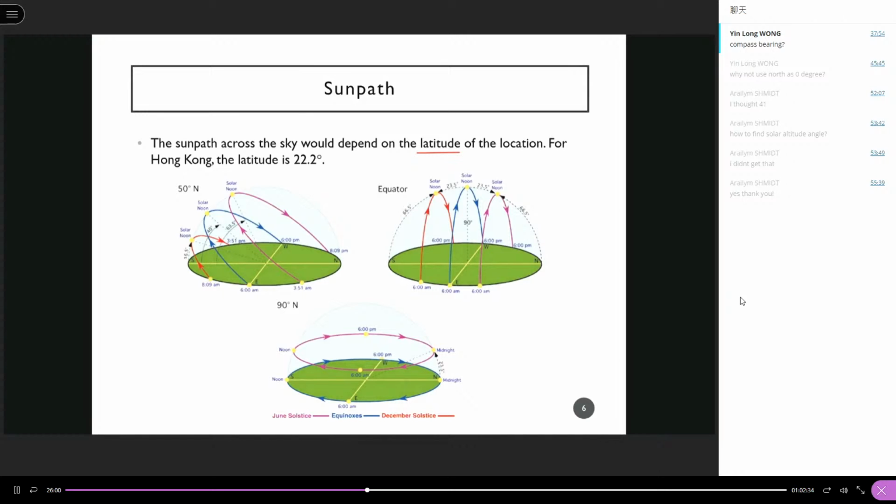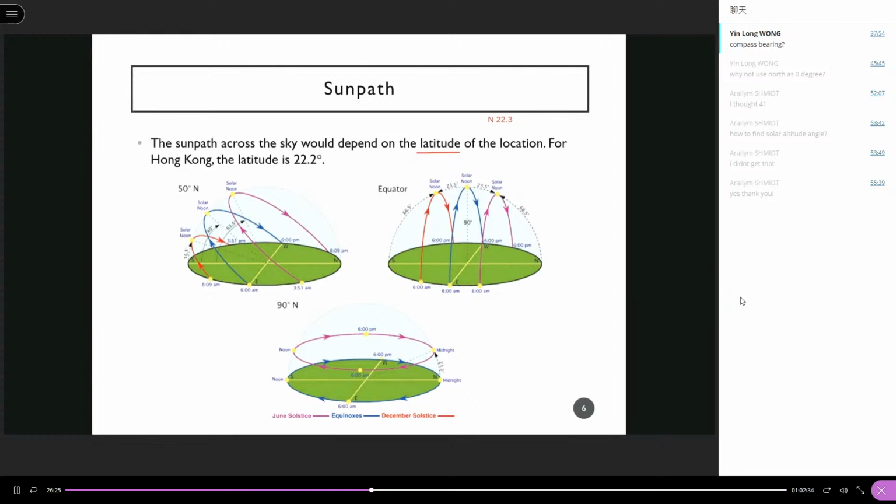So for Hong Kong, the latitude is north 22.3 degree. If it is in the equator, then it will be 0. And for Hong Kong, it's 22.3 degree north. Okay, you can check the most accurate number.